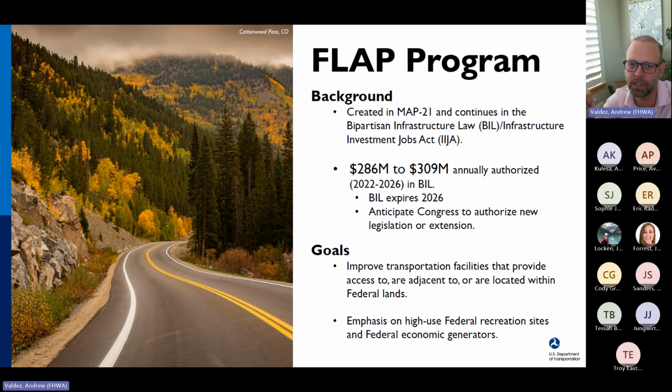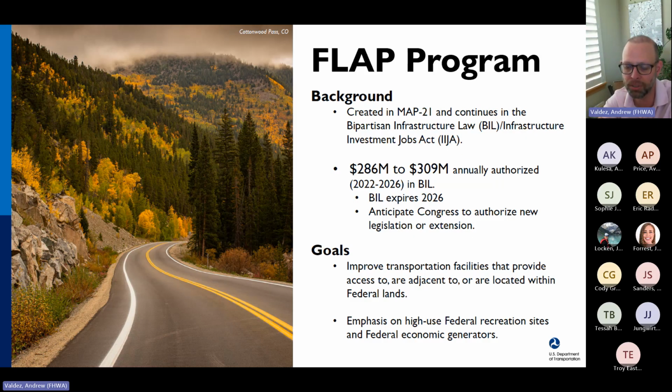The bill authorized FLAP at about $300 million a year through the lifetime of that act, and that's 2022 through 2026. We do hope that Congress will reauthorize FLAP in the next transportation bill.